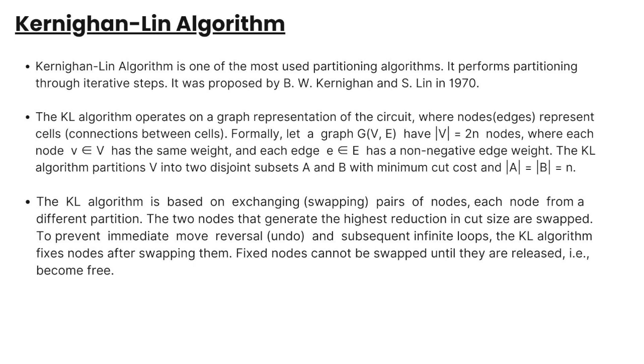In the KL algorithm, we choose a pair of nodes based on cut cost, where each node is from a different partition, and we swap them. After swapping nodes, we fix them to avoid repeated swapping in further iterations. The fixed nodes cannot be swapped again until they become free.